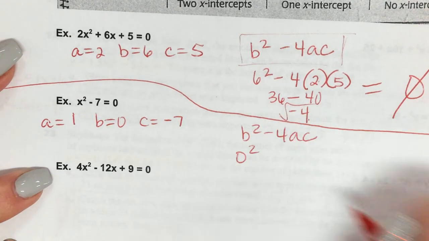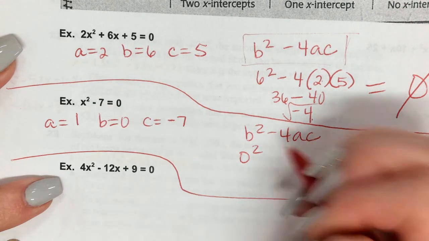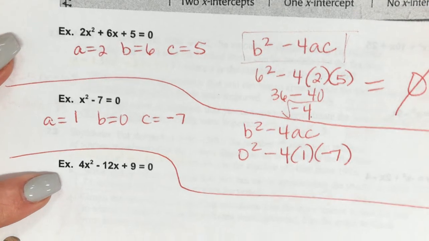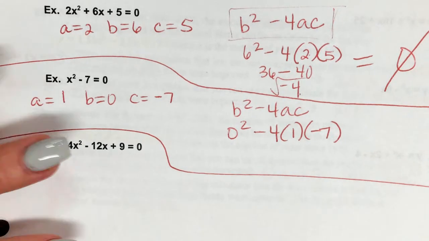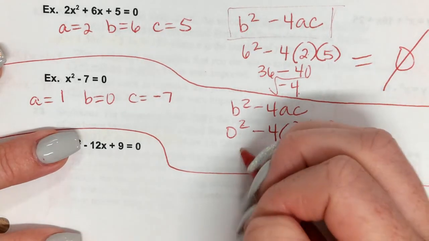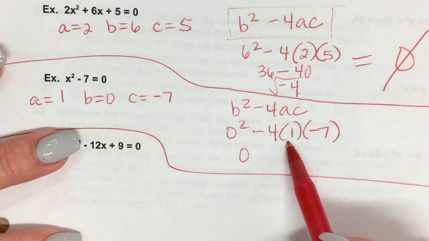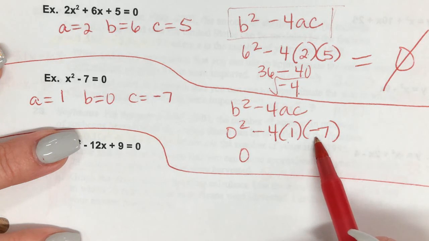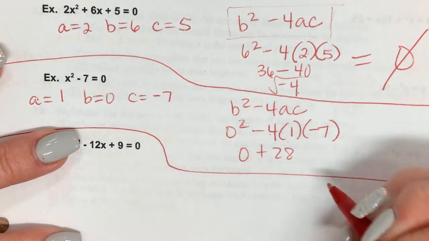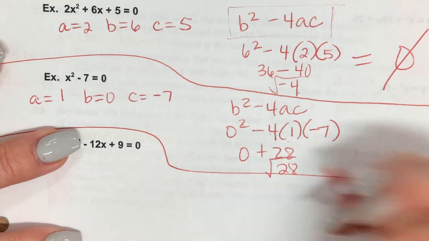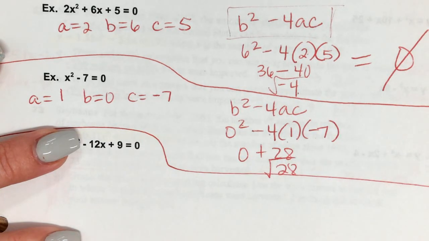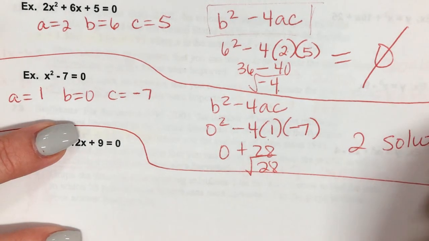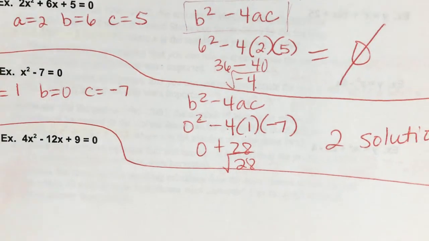So 0 squared minus 4 times 1 times negative 7. What's 0 times 0? What's negative 4 times 1? And what's negative 4 times negative 7? Positive 28. So I would have a 28 under the radical sign. How many solutions would I get? 2 solutions. That's it.